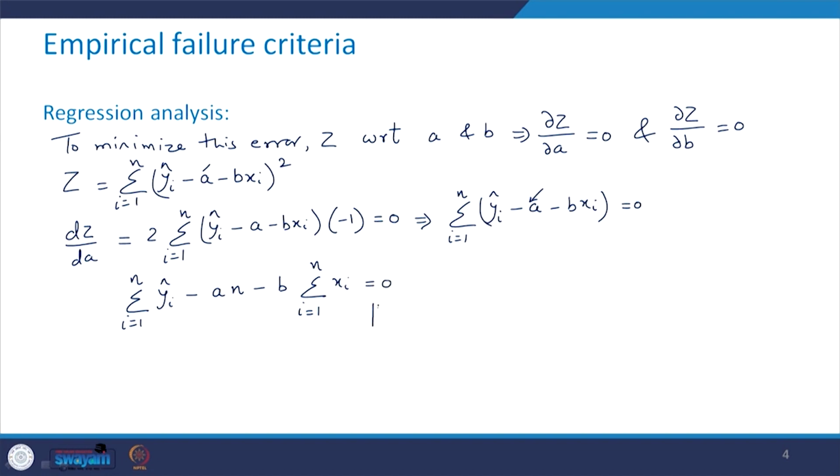So from here I can obtain the expression for a in this manner: a equals summation yi cap upon n, where i is varying from 1 to n, minus b times summation i varying from 1 to n xi divided by n. Make this equation number 1.